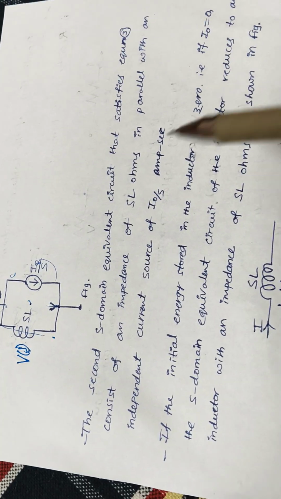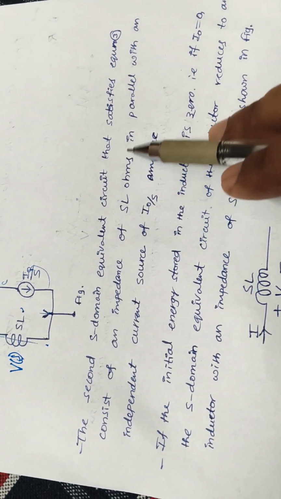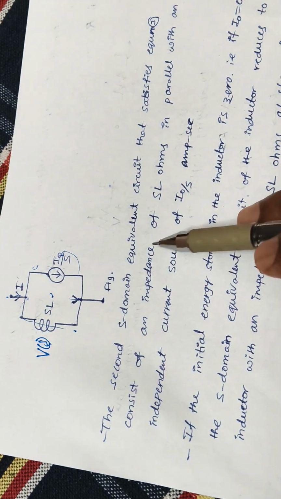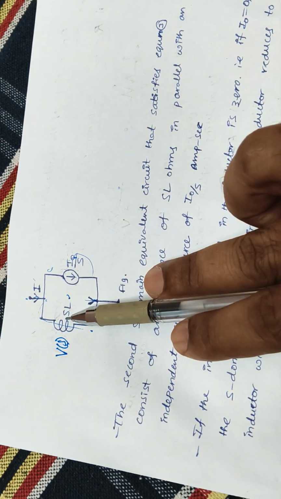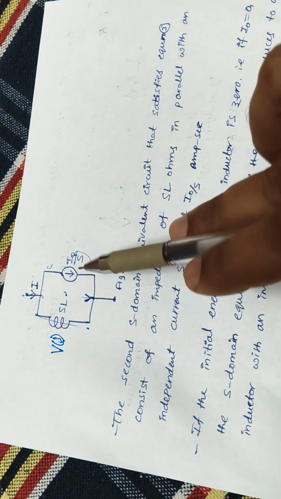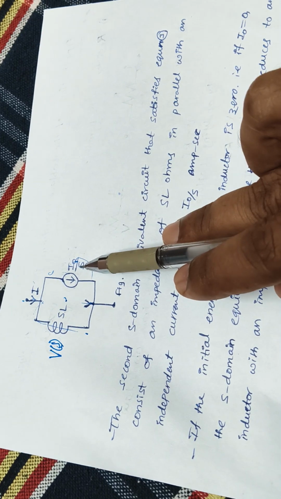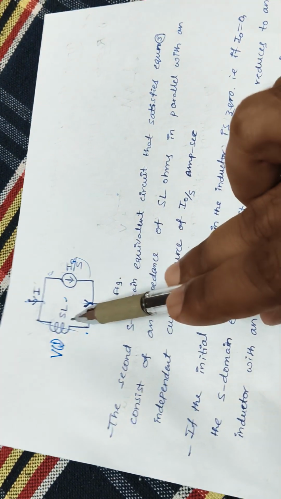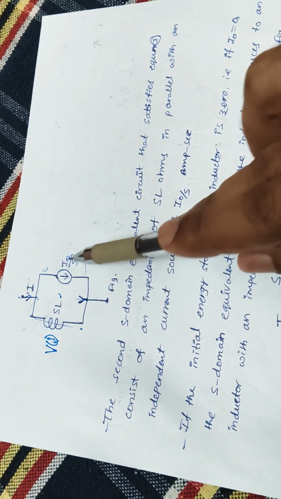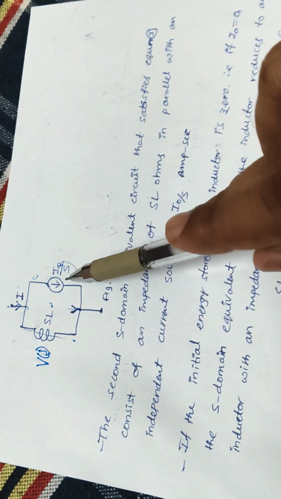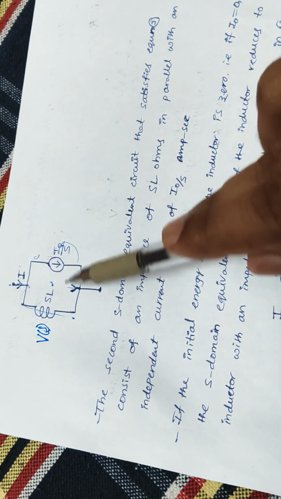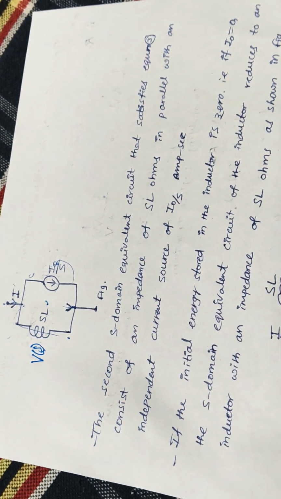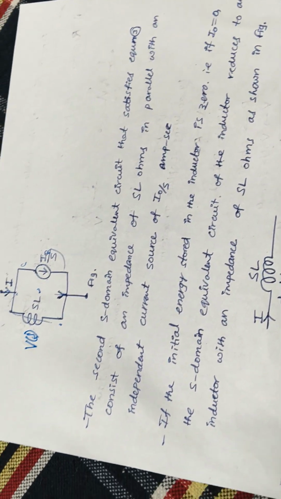This is the voltage across this parallel branch. So if you see here, the second S domain equivalent circuit that satisfies equation 3 consists of an impedance SL ohms in parallel with I naught by S as an independent current source. This will use the same representation of the parallel circuit or series circuits used in circuit analysis.